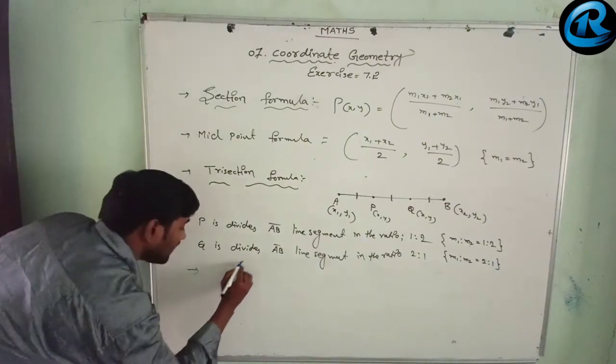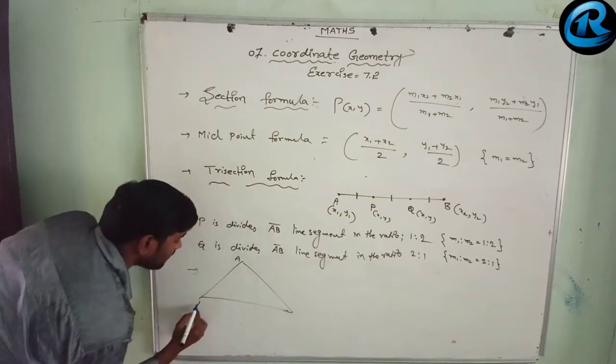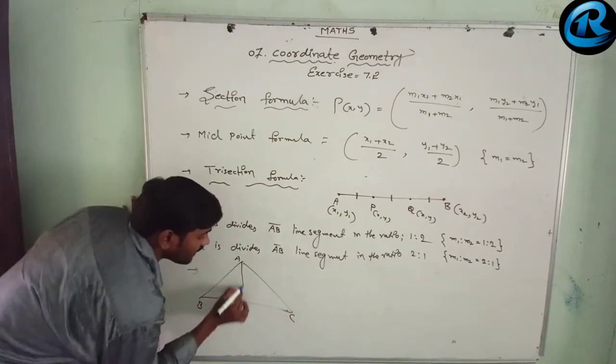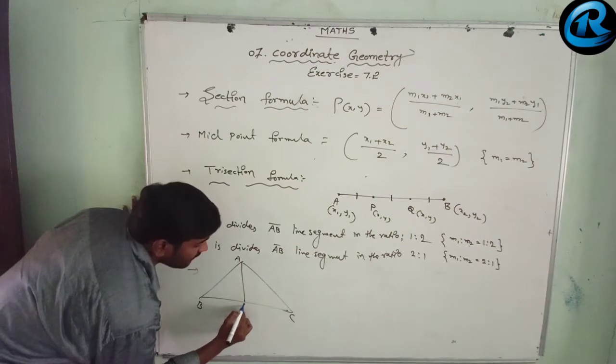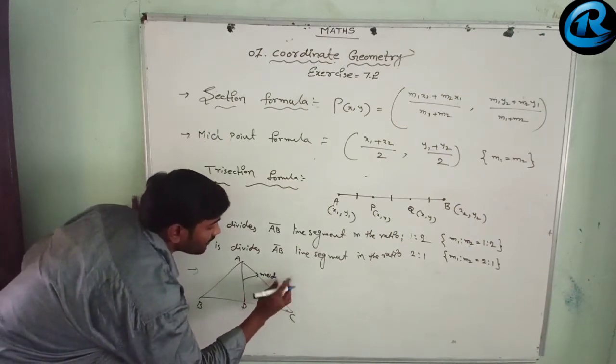Suppose it is a triangle ABC and here AD is a median.